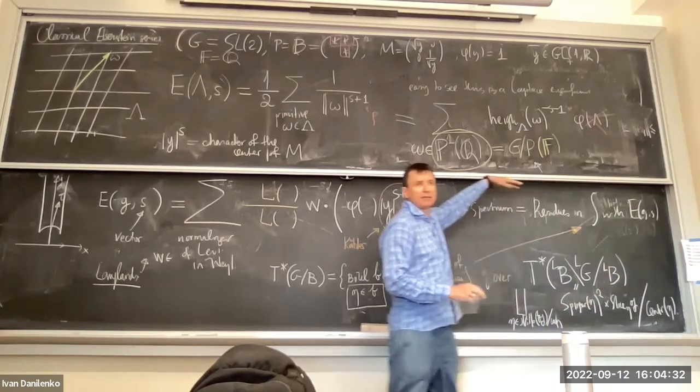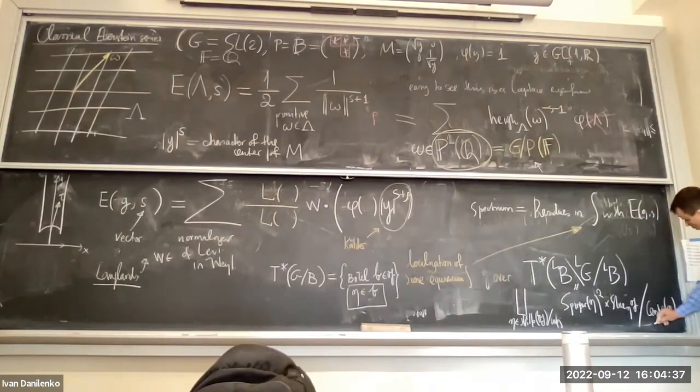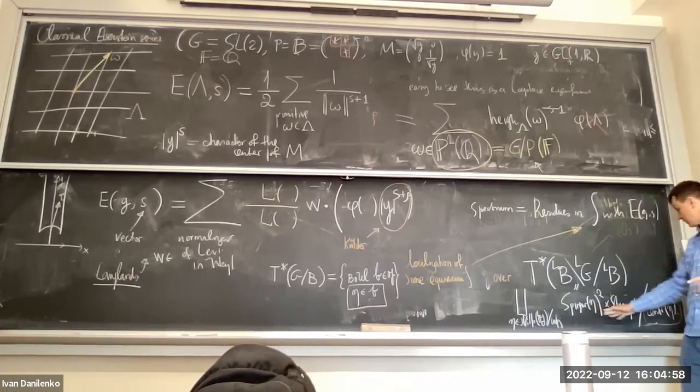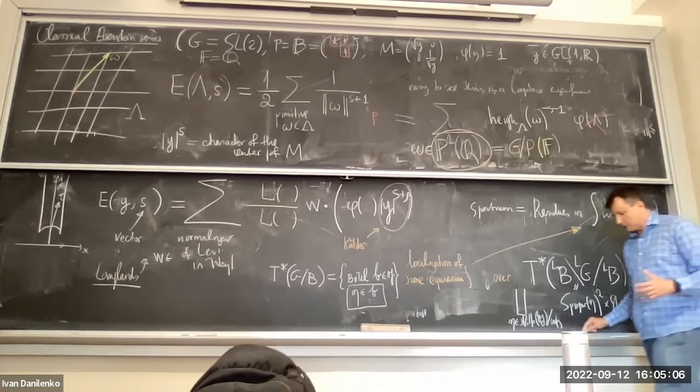Whatever the integrand there, in the end you're going to integrate it over a quotient by the center. So first of all, there's a sum over the quotient. Second, the sum is going to be, so this is some kind of stack, and this is also a stack. This stack here is divided by the centralizer of this own key. So what does it mean?